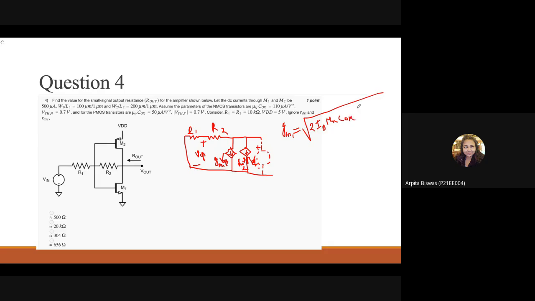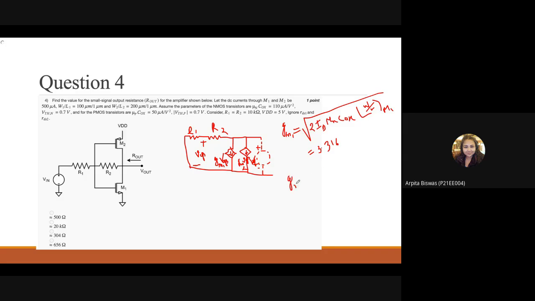Okay, W by L for M1. Tell me the value of gm1. Just put in all the values. The ID value is given, mu n and Cox are given for NMOS, and W by L for M1 is given. So the value is, I think, 3.316.